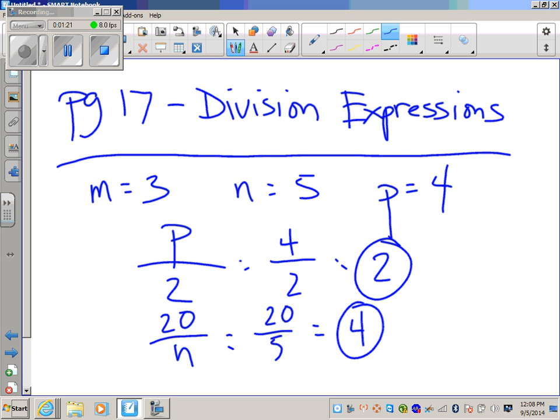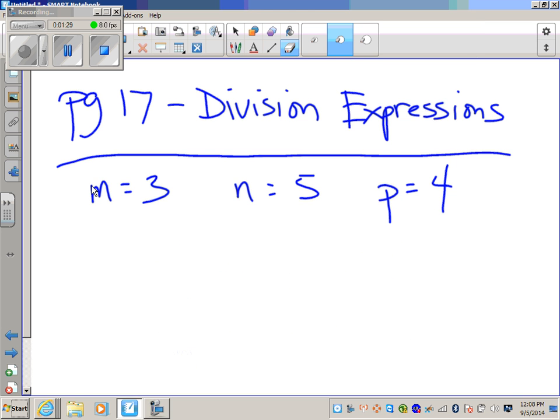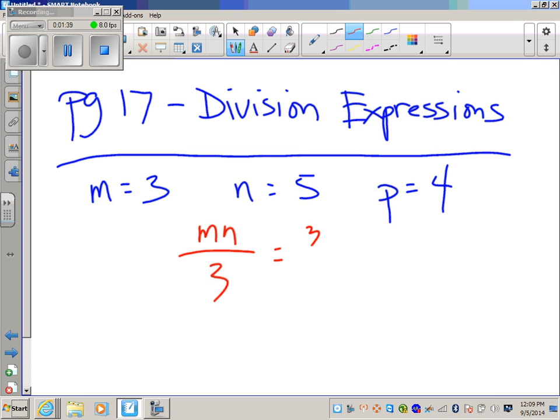Okay? So not really anything that you haven't seen before. If I were to ask mn over 3. If m is 3 and n is 5, 15 on top over 3 will equal 5.